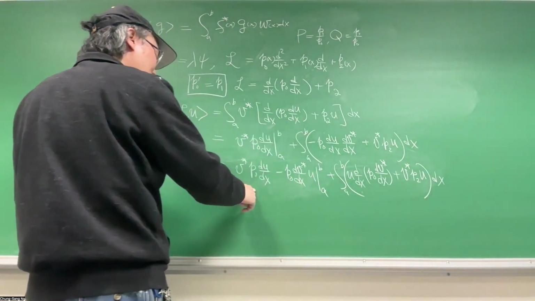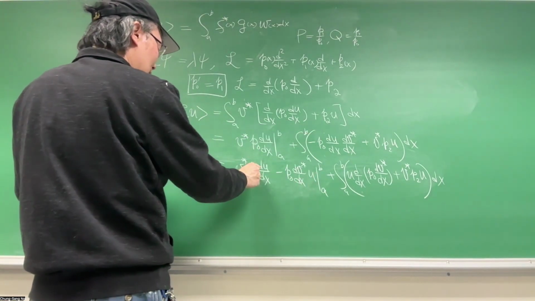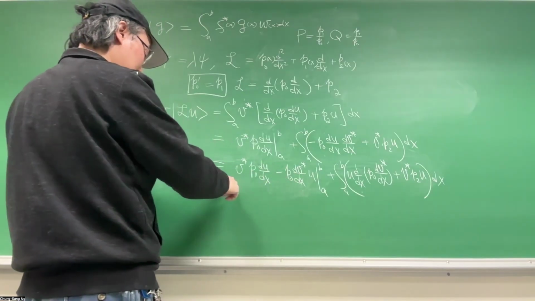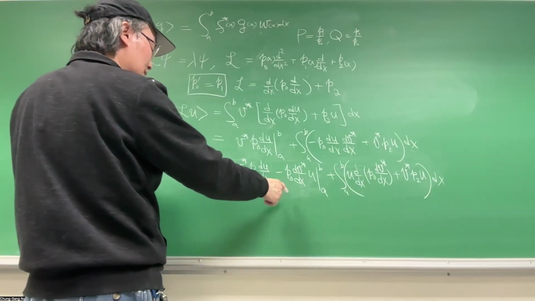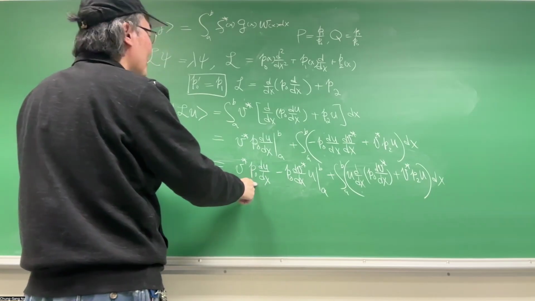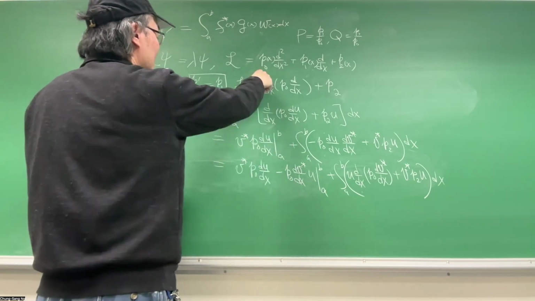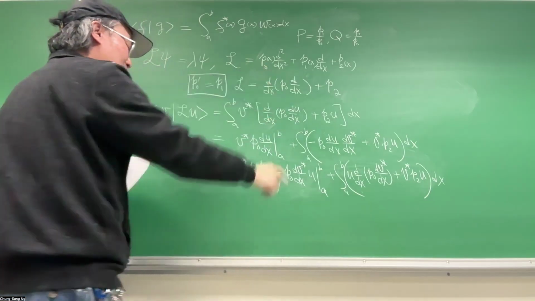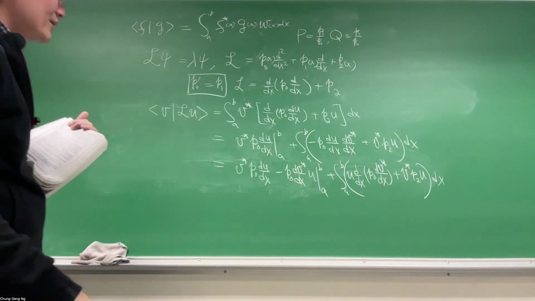Sometimes you want to keep the boundary term, but mostly we'll consider a situation where the boundary terms are 0. First, if p sub 0 is 0, of course, that is not good because that multiplies the second derivative, so you don't require that to be 0.